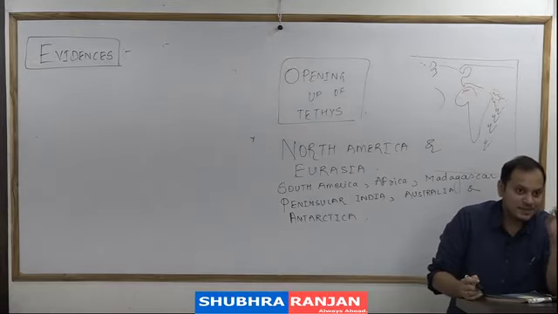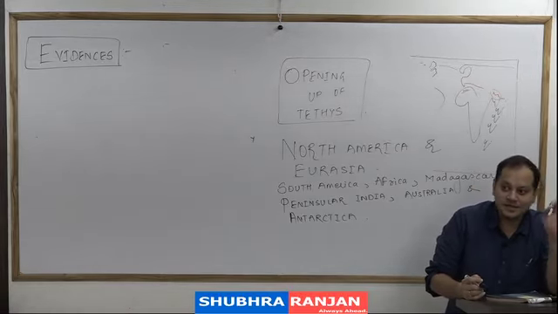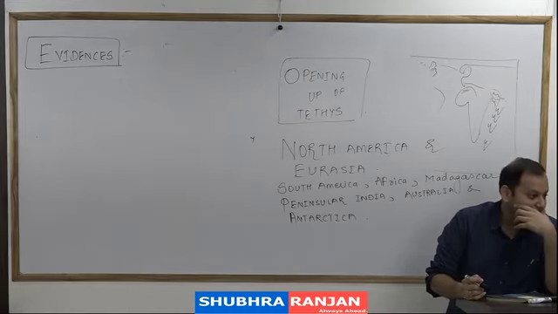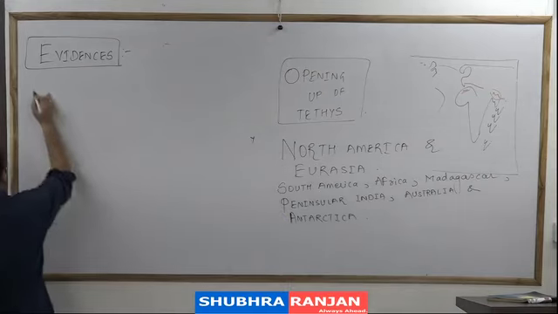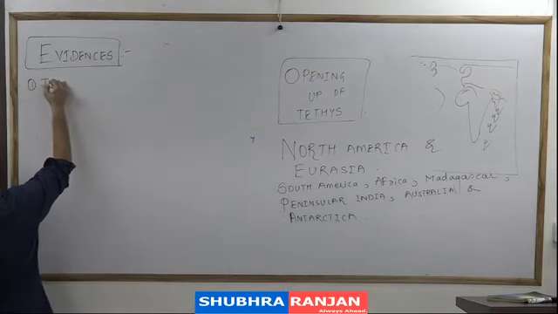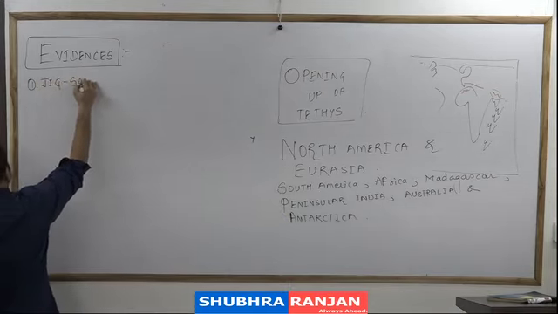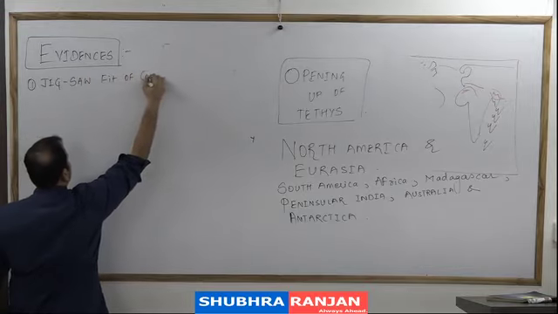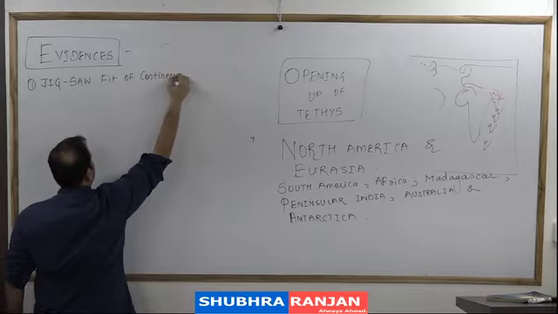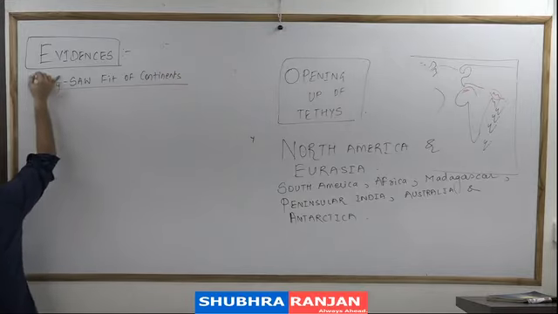Now the biggest evidence of the continental drift theory is the shape of whose? India's. That is what is known as the jigsaw fit of the continents.